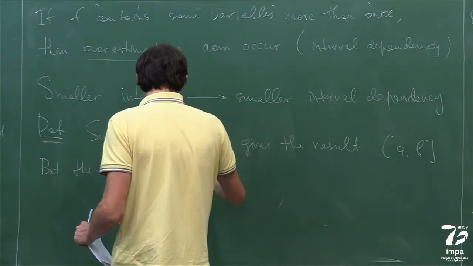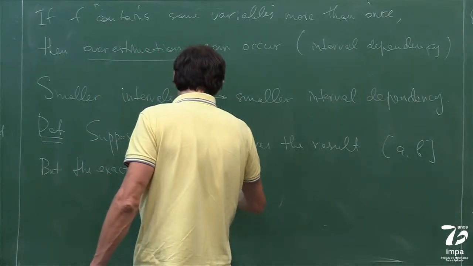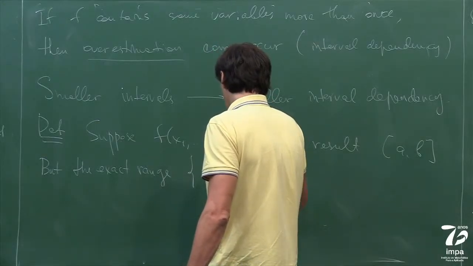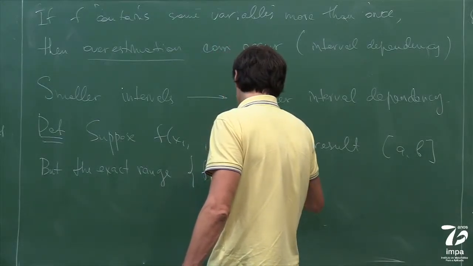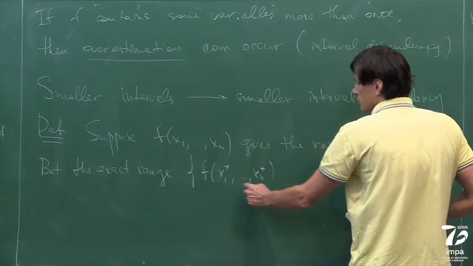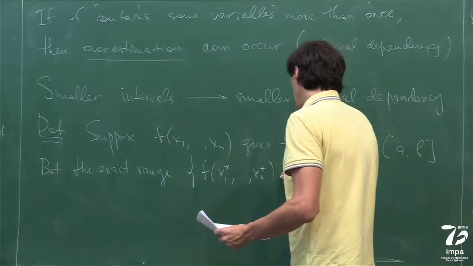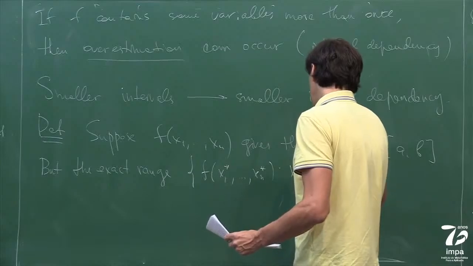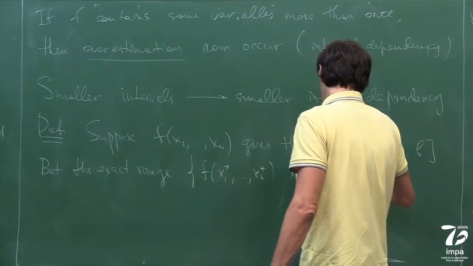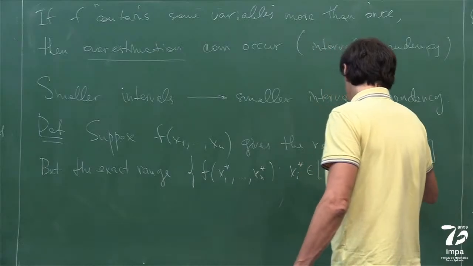which means computation of all values exactly. So x star is an exact number which is in the interval, for all i.